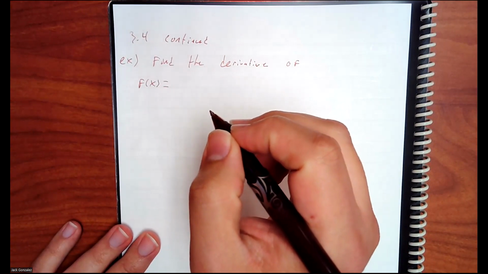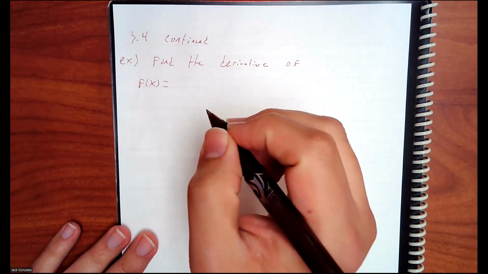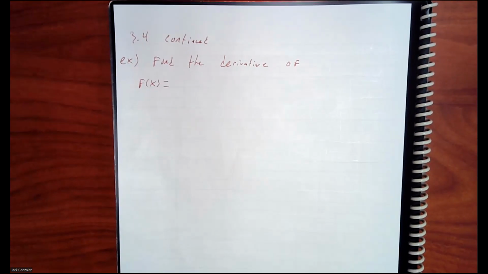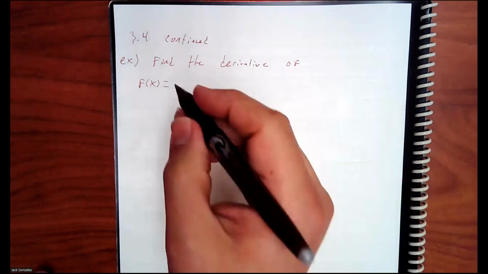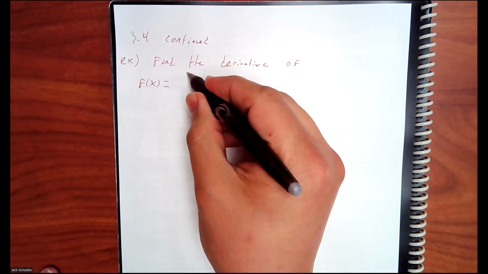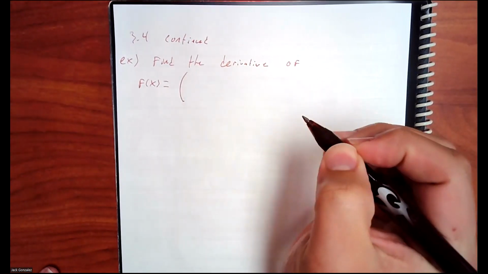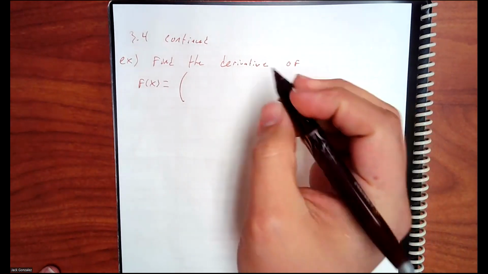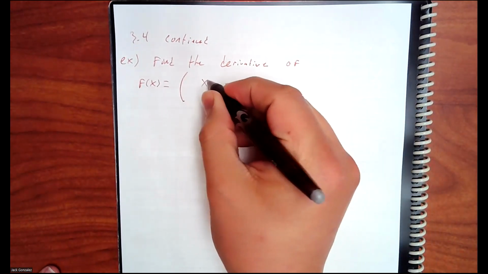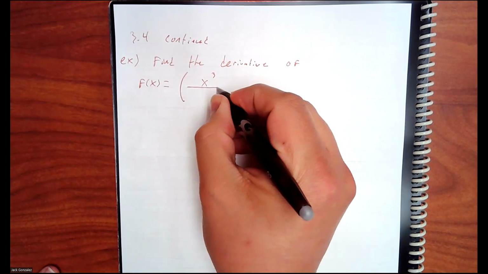Oh, sec. Okay. What was the function? The chain rule. There was something in parentheses, right? Oh yeah, x cubed over x to the six plus 7.